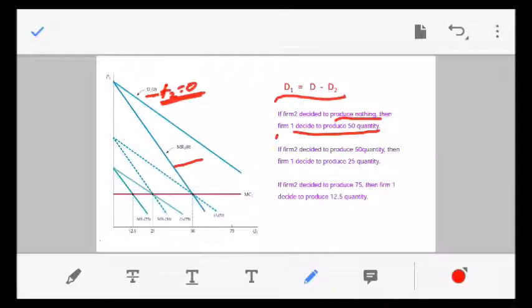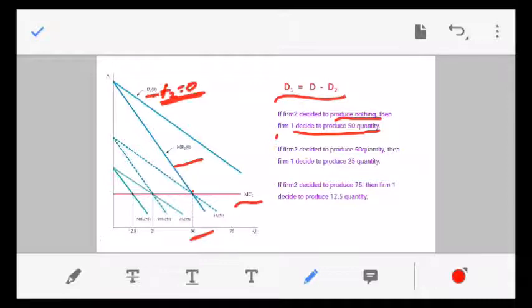The marginal cost curve MC1 intersects at this point and determines the 50 units of quantity. So if firm 2 produces nothing, then firm 1 decides on 50 quantities.